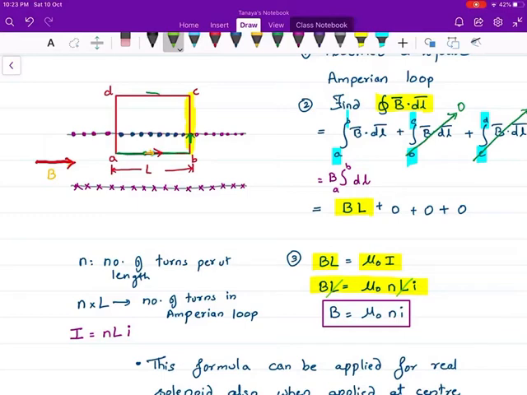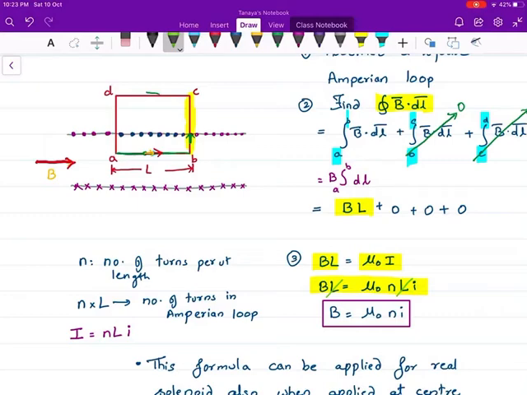What is so special? What do you note over here? That it is not dependent on the distance from the edge. There is no distance related term over here. The magnetic field inside a solenoid depends only on the number of turns and the current flowing through the coils.